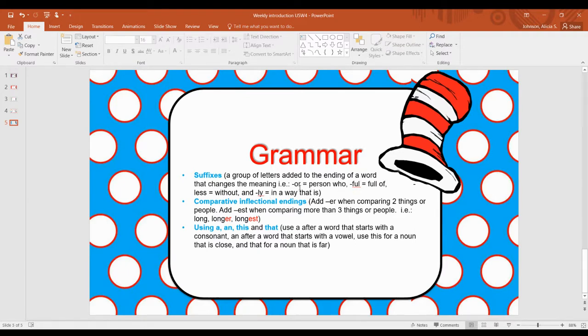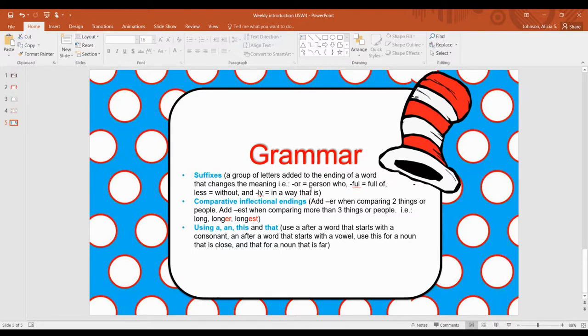So, some of our suffixes we have are or, ful, less, and ly. The or, when you add that to a noun, it tells us a person who does something. So, for example, a tailor is someone who makes clothes, okay?